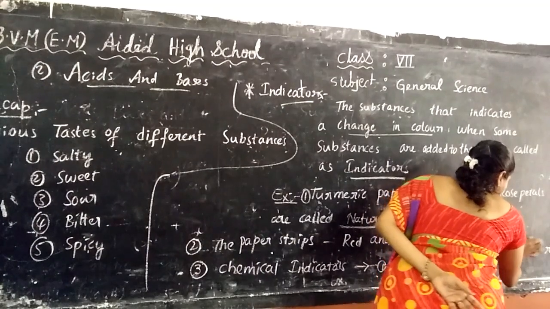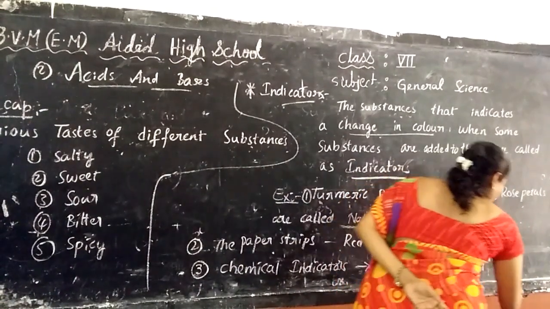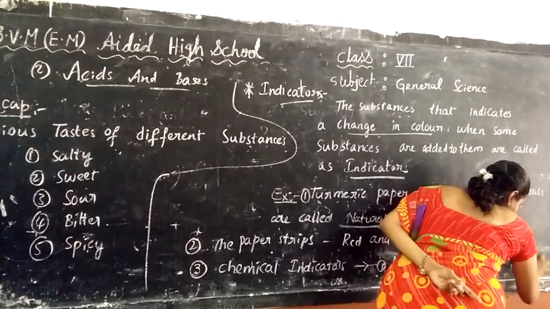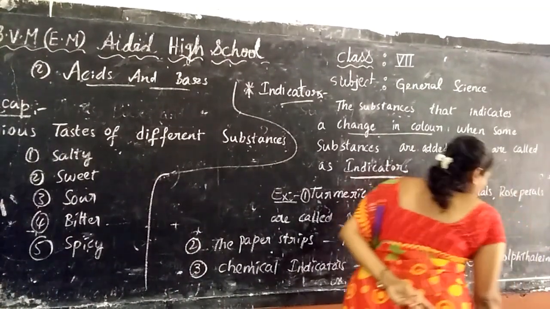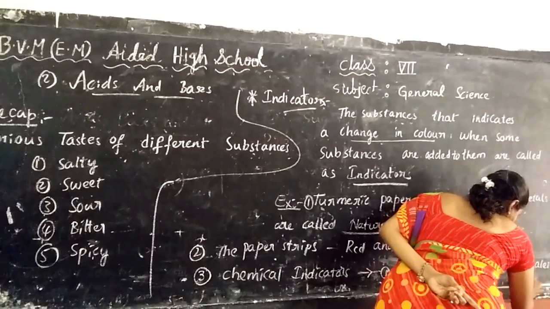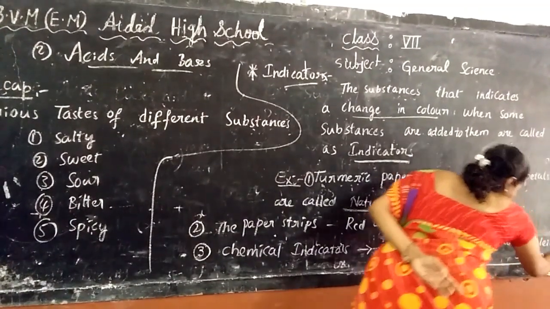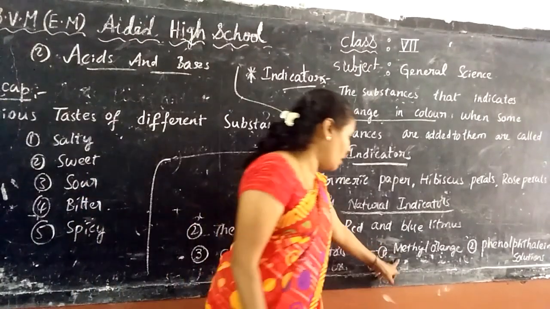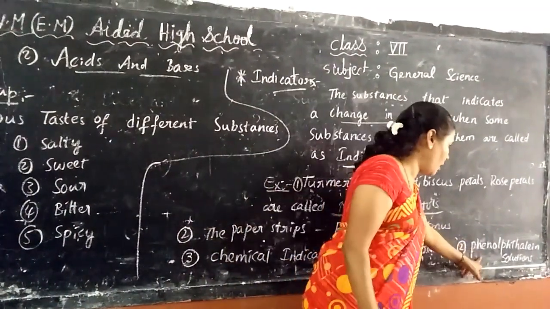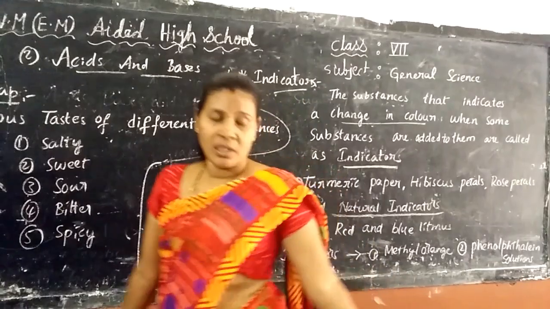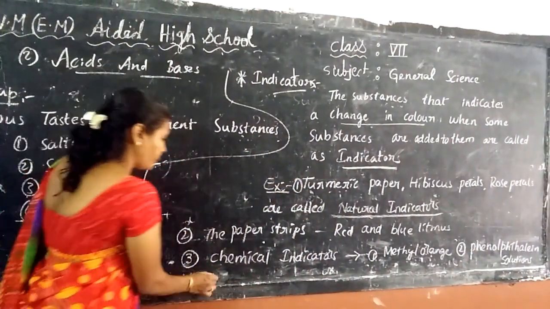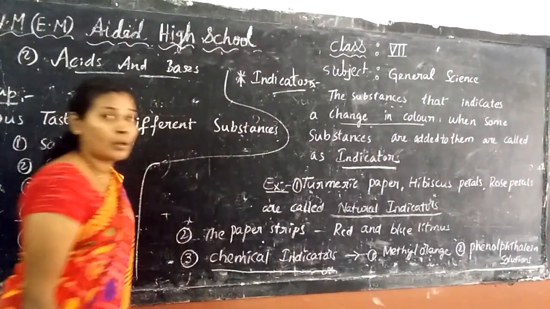These are available as chemicals. That's why these are called chemical indicators. So what are the chemical indicators? The first one is methyl orange, the second one is phenolphthalein solution. These are available as chemicals, so that's why they are called chemical indicators.